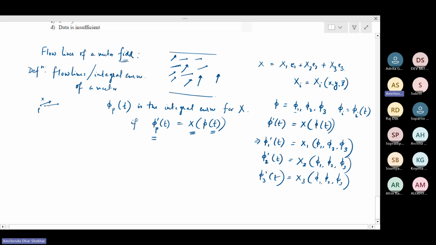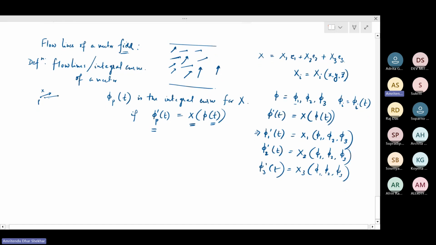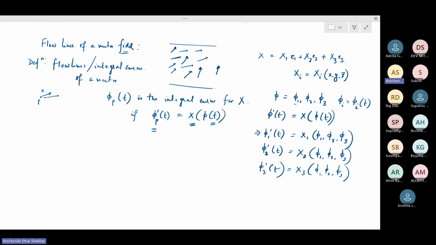Okay. So what you have is a system of first order ordinary differential equations (ODEs), and basically you can always find a solution locally.